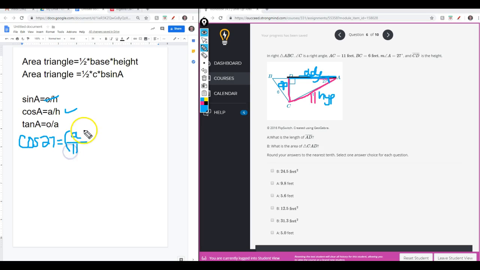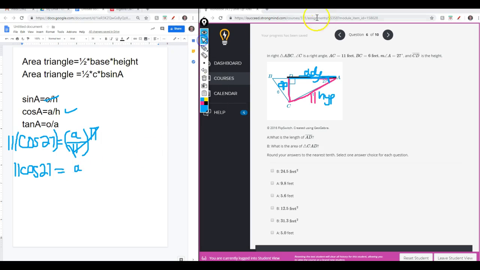I know the inverse operation to division is multiplication, so I'm going to multiply both sides by 11. So 11 cosine of 27 is what we will end up with on the left-hand side, and that's going to equal, well, 11 divided by 11 reduces to 1, so we would be left with 1a, which is more commonly just written as a.